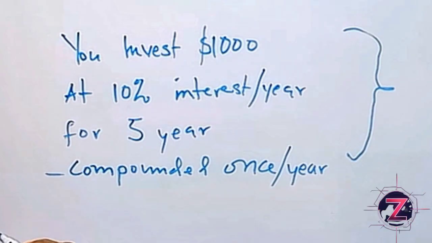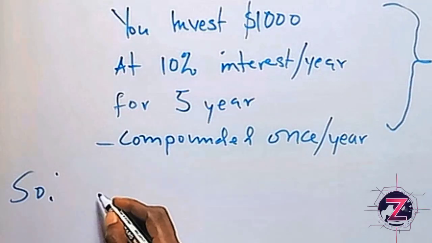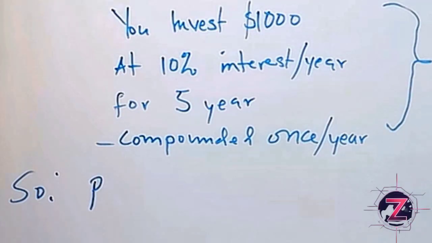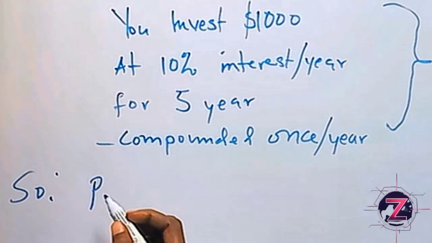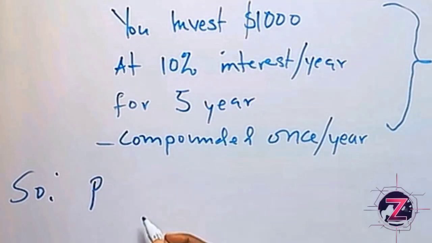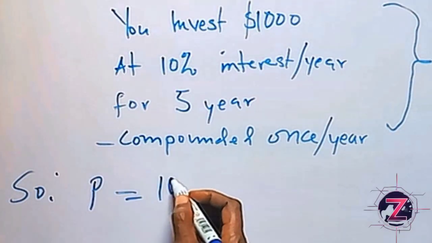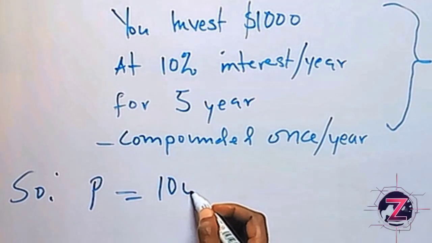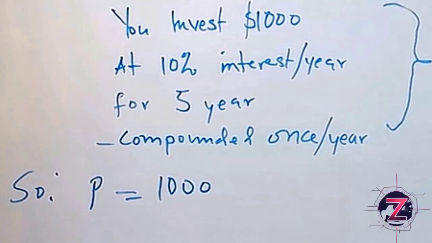So your P in our formula, you can always pause and rewind to see the formula, your P in our formula for compound interest is now equal to 1,000.